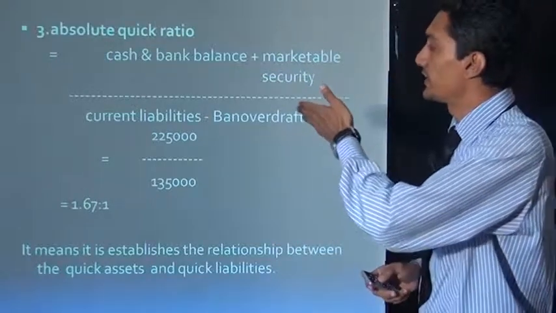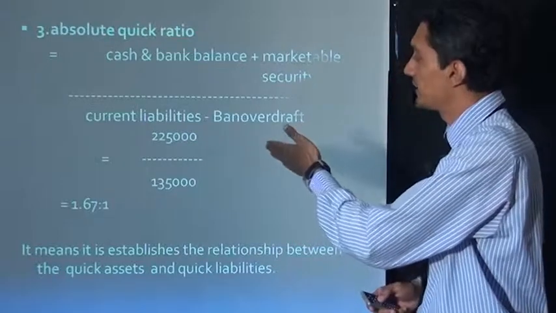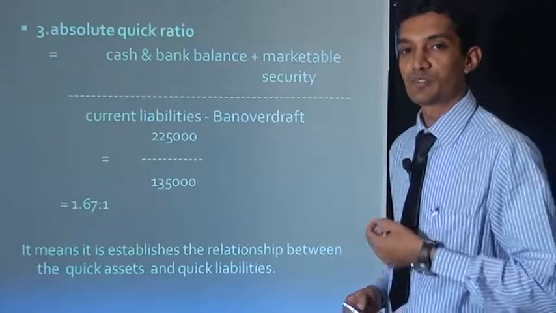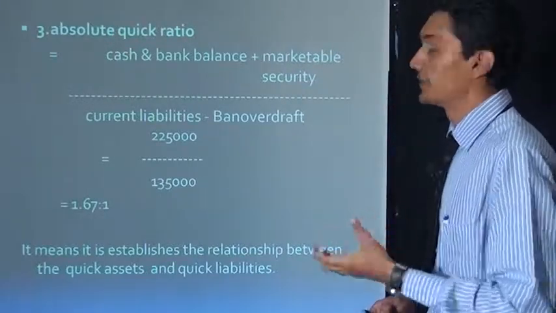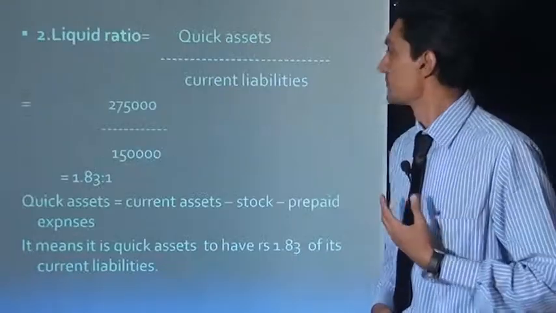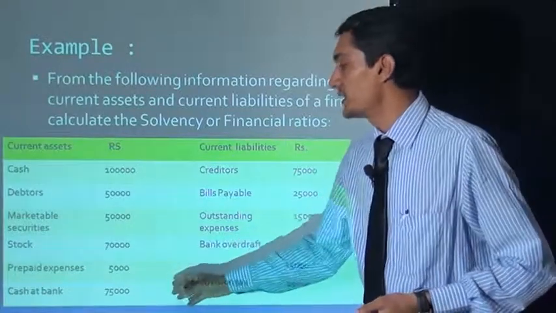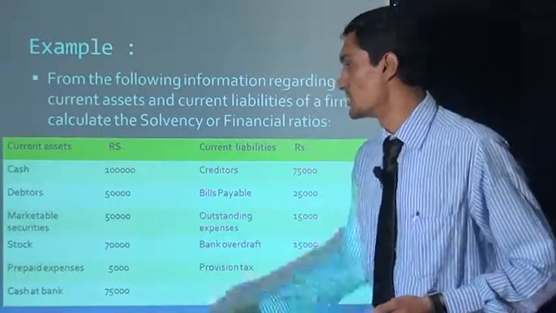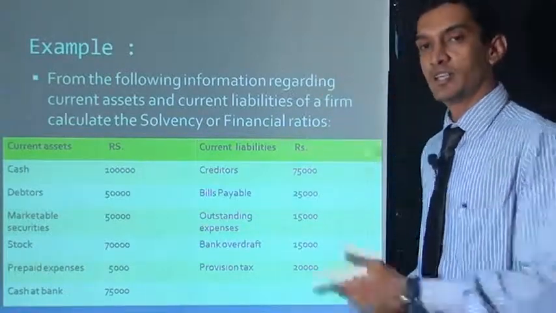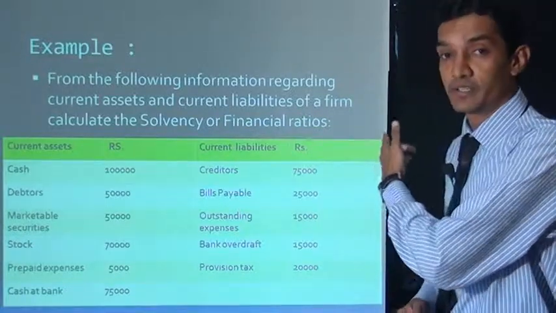Cash is 1 lakh, cash at bank 75,000, and marketable security is 50,000 rupees. So 1 lakh, 1,75,000, and 2,25,000. This is our absolute quick assets.